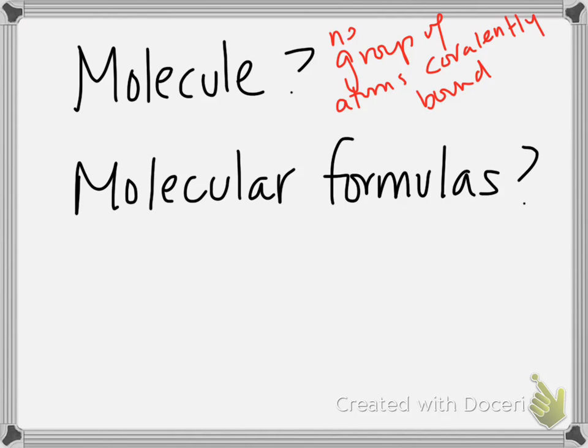And moreover, it's a neutral group of atoms. Okay? So it's a neutral group of atoms bound with a covalent bond. They are sharing electrons. If they are not sharing electrons, it's not a molecule. There are no salt molecules. There's no sodium chloride molecule. It's an ionic compound.